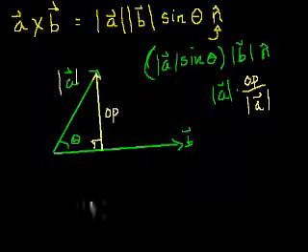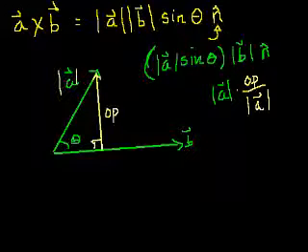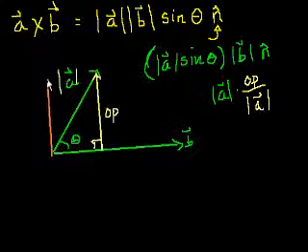Let me redraw it. It doesn't matter where the vectors start from. All you care about is the magnitude and direction, so you could shift vectors around. So this opposite vector is the same thing as this vector, I just shifted it away.